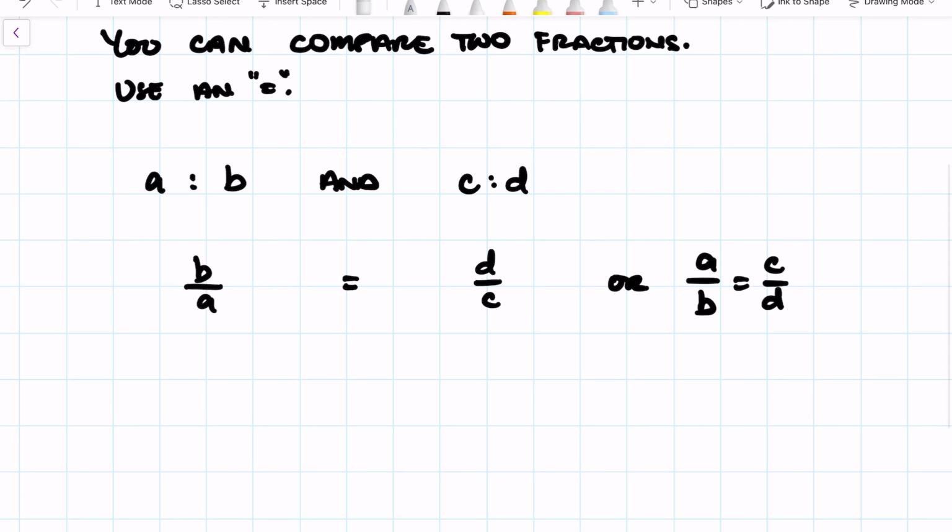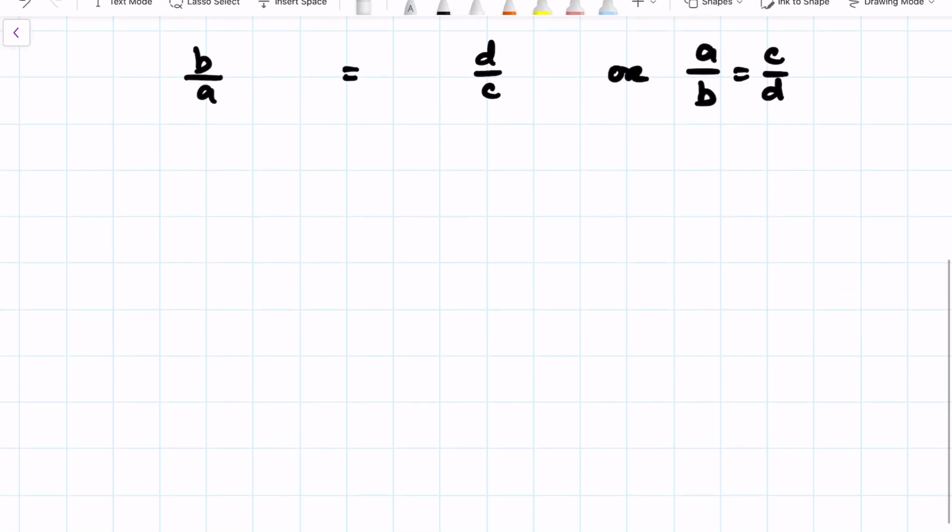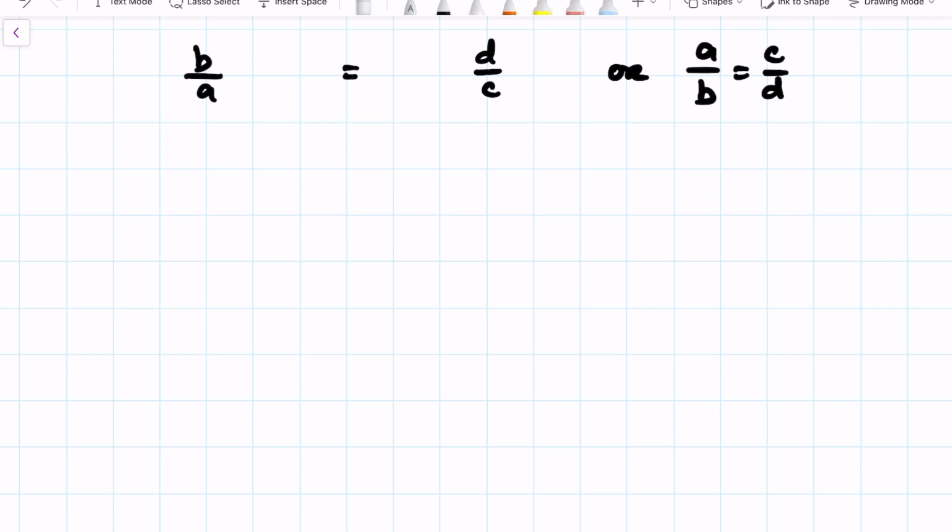We will do a quick example here. Let's say you have a ratio. Let's do an example, and I'm going to really simplify the wording here. We've been using teachers for field trips, right?